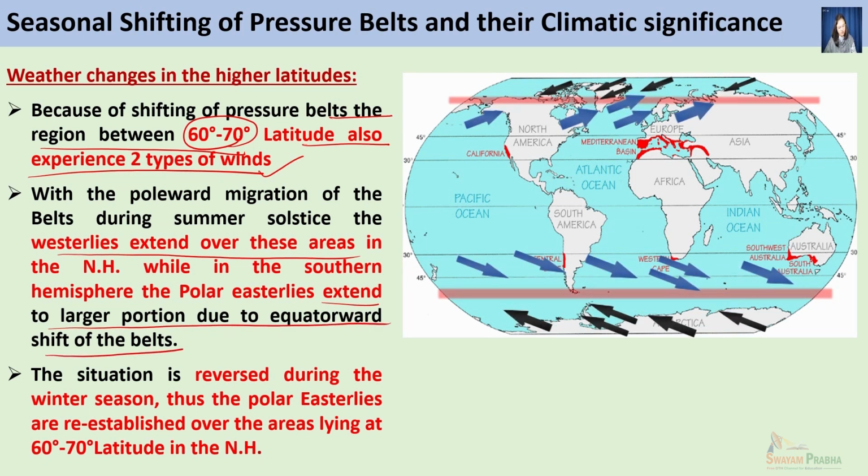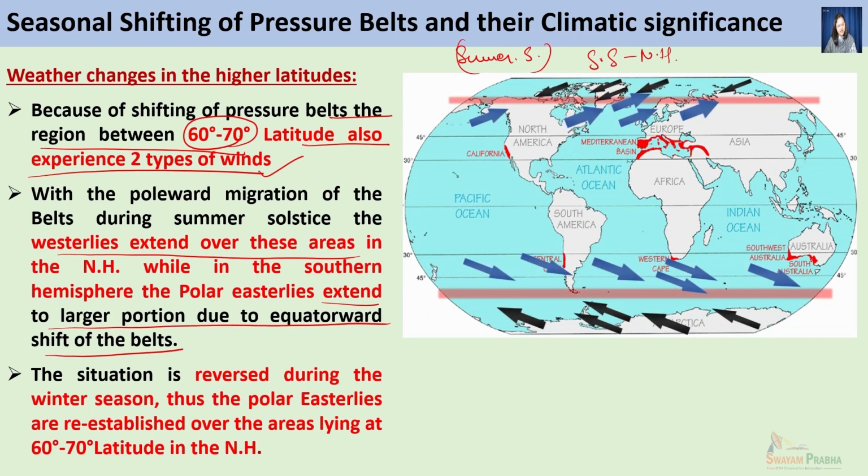So when you have summer solstice, that is, you have summer season in the northern hemisphere, and opposite to that, you have winter season in the southern hemisphere. So because of the apparent movement of the sun towards the northern hemisphere during the summer solstice, all the pressure belts and winds tend to move northward.